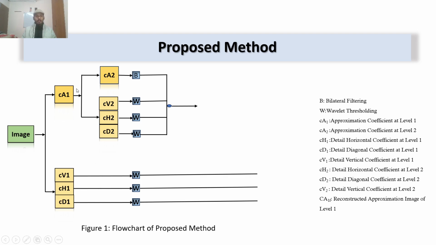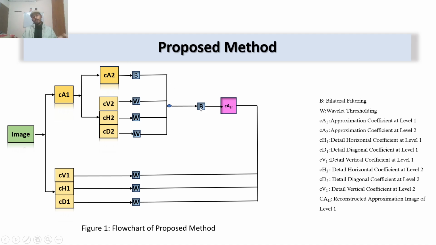Now remember that this is the approximation coefficient line. The approximation coefficient of the first level passed through some sort of filtering, and then we got the bilateral filter once again to work on that reconstructed approximation coefficient.